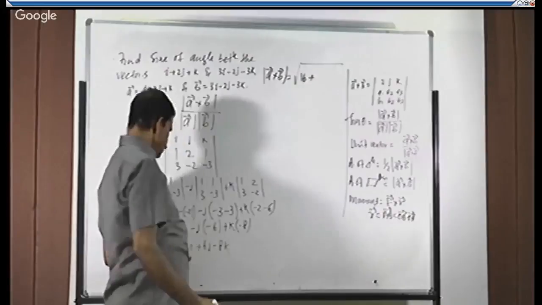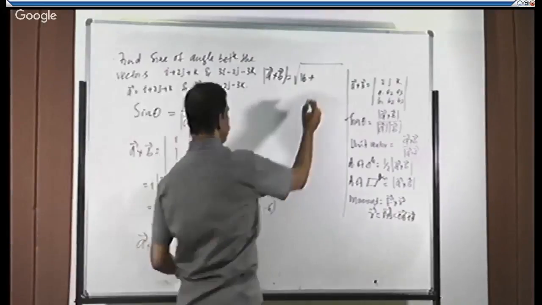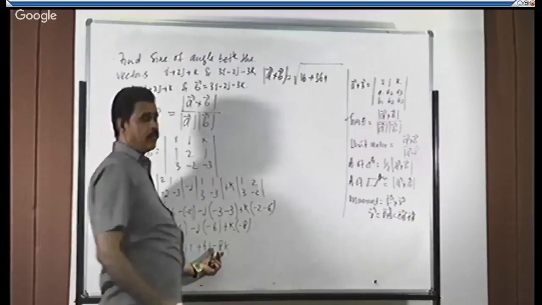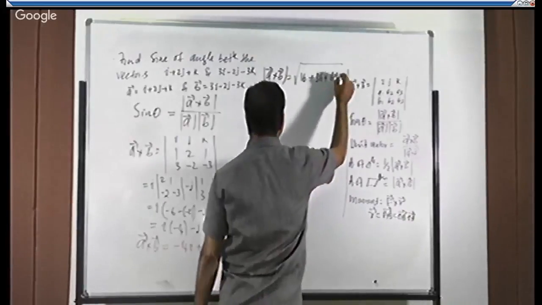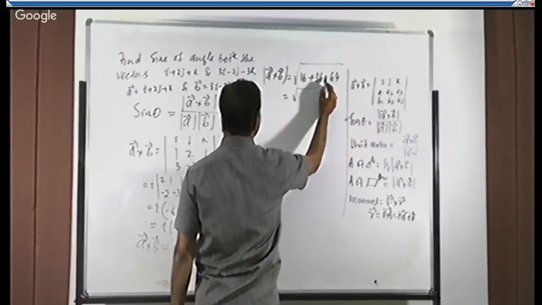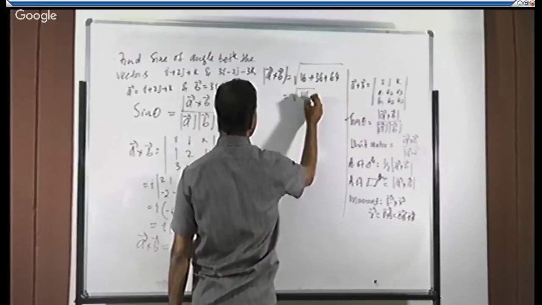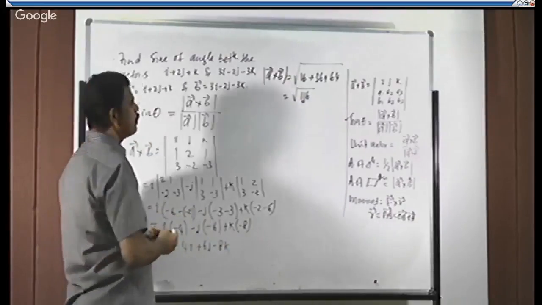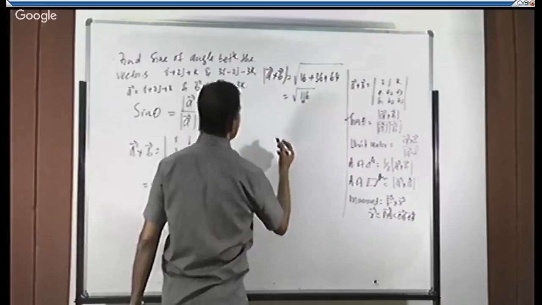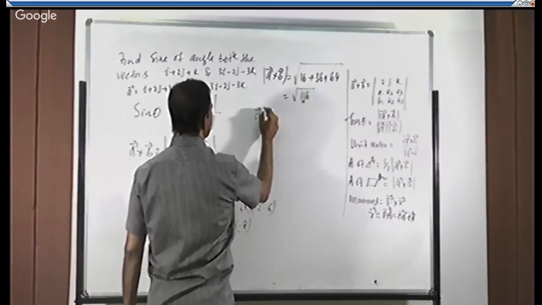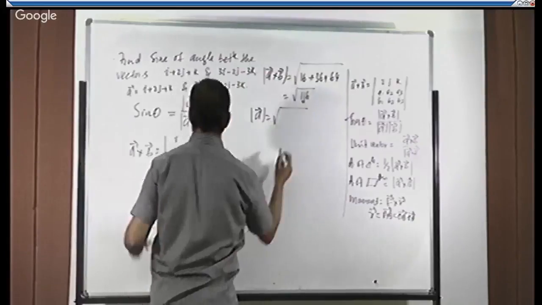Plus 6 square is what? 36. Plus minus 8 square is what? 64. This is equal to 116. Next, we need magnitude of A, which is vector A.